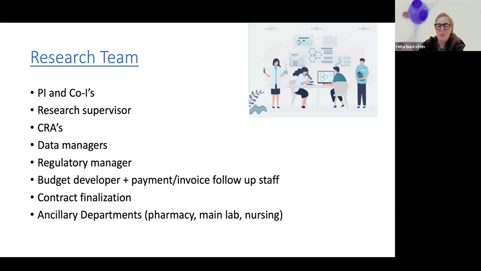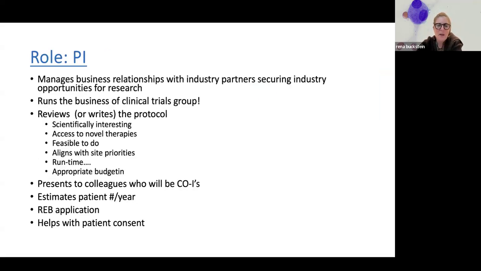So I include them in the research team, even though they are not necessarily only uniquely assigned to your site group. So the PI has lots of responsibilities.